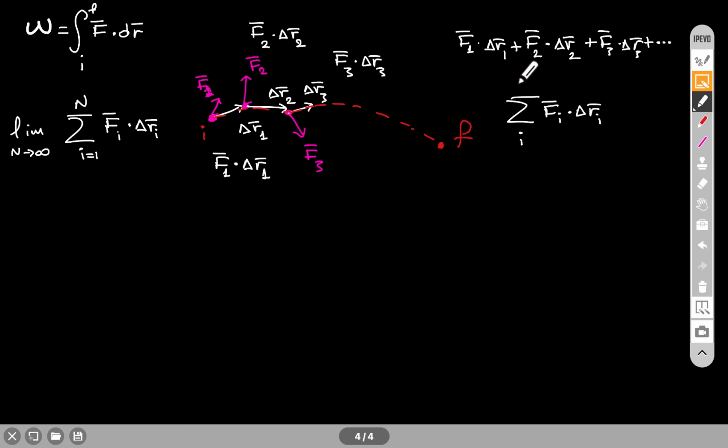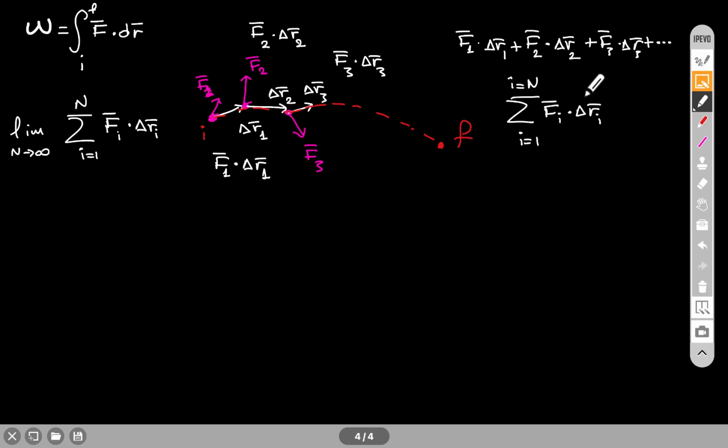Since I will have n such terms in the sum, the larger the n is, the more accurate this calculation will be, because the smaller the delta r, the smaller the displacements will be. Essentially, I'm dividing the path into a large number of segments, and for every segment, I'm calculating this dot product.